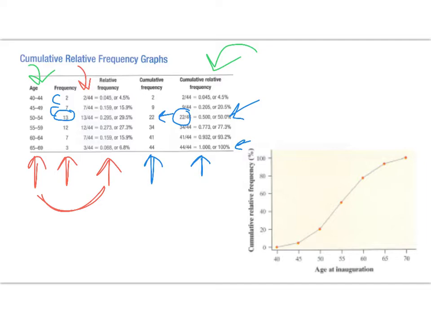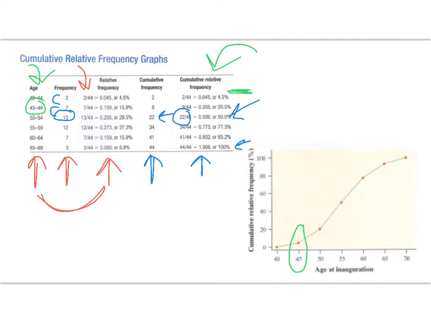So to do this, we're going to take this value, this 4.5%, this cumulative relative frequency, and we're going to plot it at the lowest value of the next bin, of the next category. So you'll see this 4.5 is plotted right here at 45, at the lowest value of the next bin.